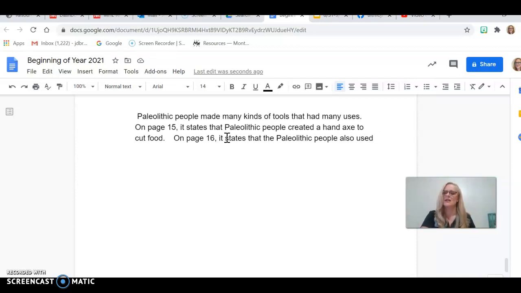Let's list the tools and the uses together. It says spears and bow and arrows to hunt, and remember, we're not copying directly, large animals. So now I have 2 pieces of evidence. I probably need more, maybe one other.